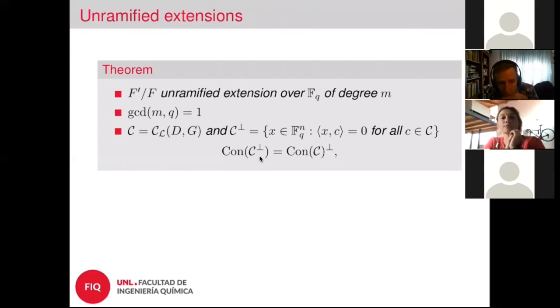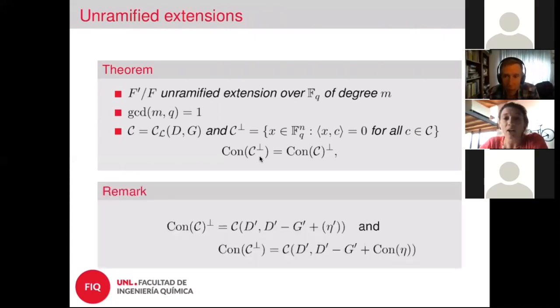So if we have this kind of unramified extension in which the degree of the extension is coprime with q, we have this result.